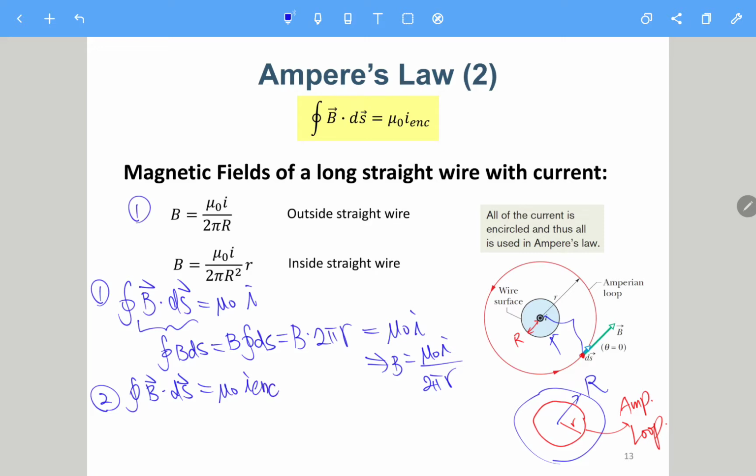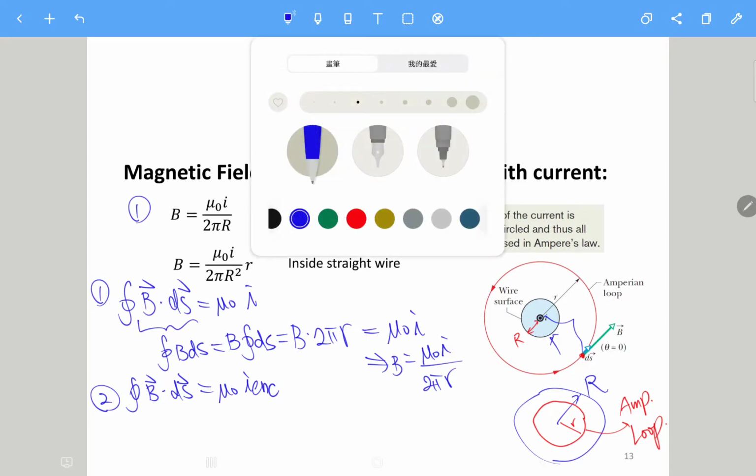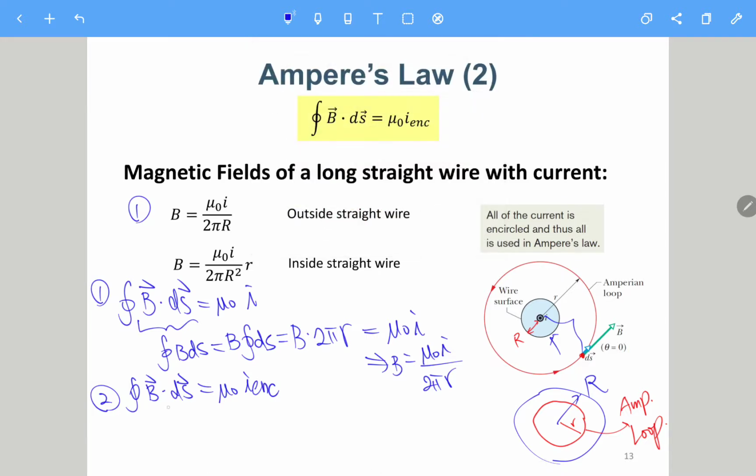We should consider the I enclosed carefully, because some of the current is outside of this loop, so we don't consider those parts. The left side is the same as the previous case, so it becomes B times 2 pi r. I will not repeat it again.